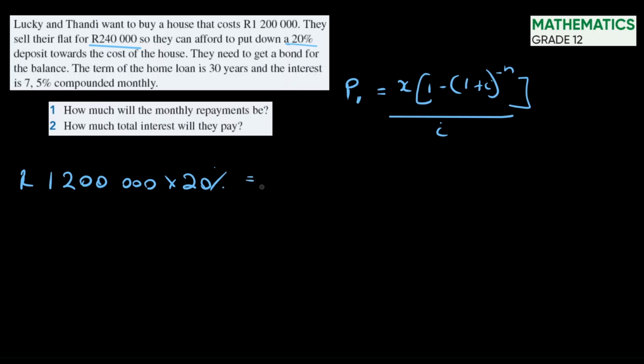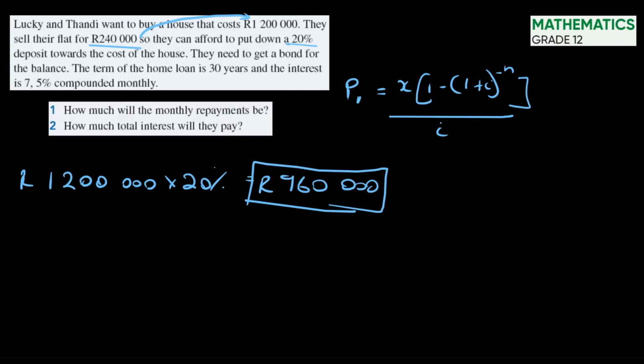You put this in a calculator and see that 20% is 240,000, so the amount they need to finance is 960,000. Instead of calculating that, we can just say 1.2 million minus 240,000, and you get the same 960,000, because the 240,000 is the 20%. So this is what they actually need to get from the bank as a loan.